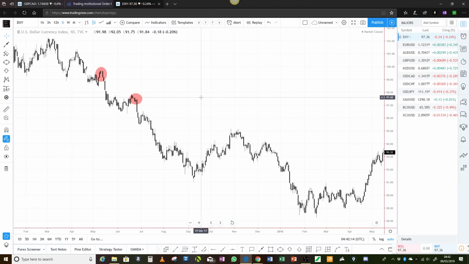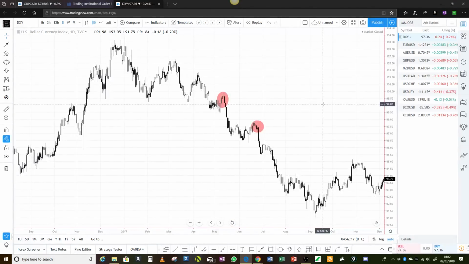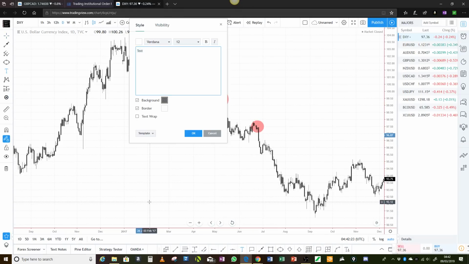Now we know that there are only four kinds of zones. Two of them are examples of supply zones and two of them are examples of demand zones. For the demand zones, you have the drop, base, rally type of zone, and the other zone is the rally, base, rally type of zone. Those are the demand zones, the only two types there are on any chart, anywhere, any time frame, any market.